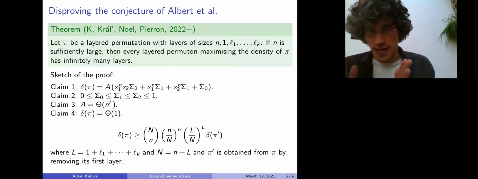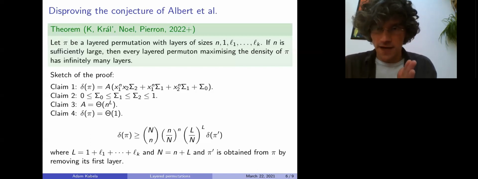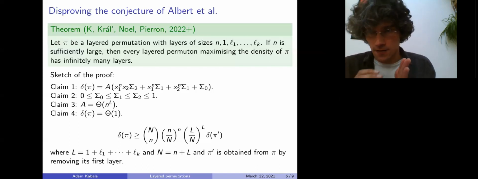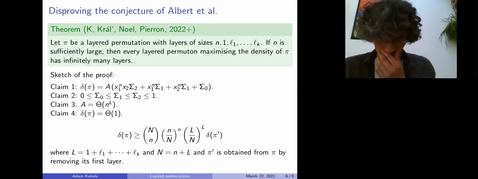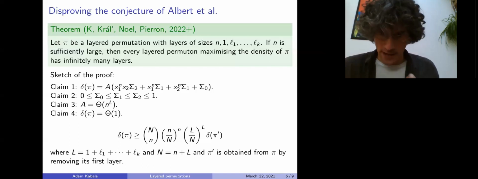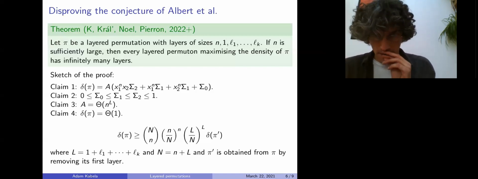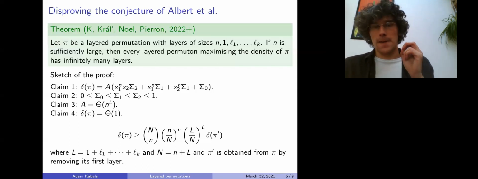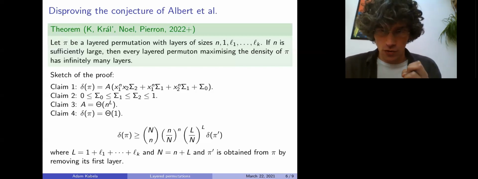Right? So it has k plus 1 layers, and then their sizes are 1, L subscript 1, and so on. So that's what pi prime is. Now, the construction goes as follows.